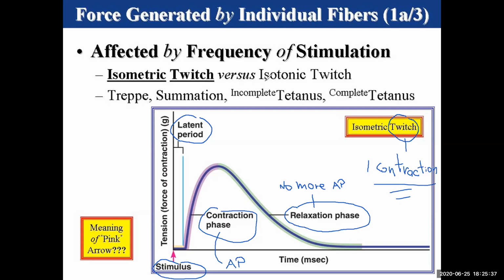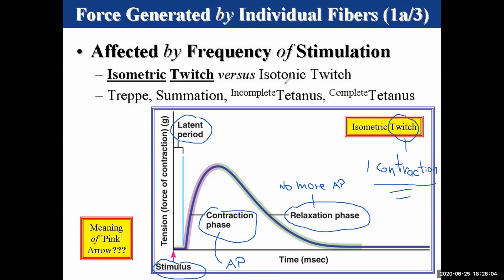So isotonic means when you're lifting an object, right? When the object can be moved by you, by your skeletal muscle contractions. Isometric means the object cannot be moved by your skeletal muscle contraction. So let's say you're pushing against the wall, your skeletal muscles are undergoing isometric contraction.